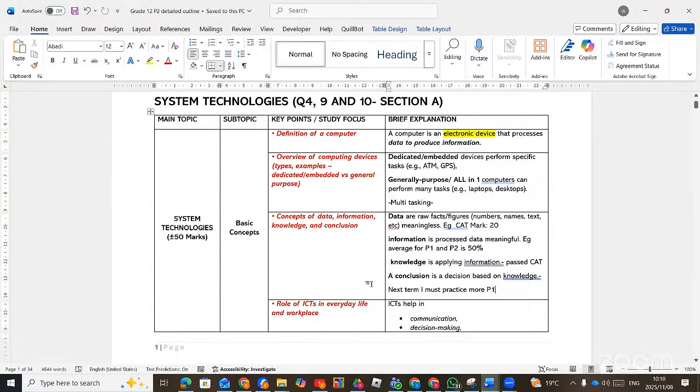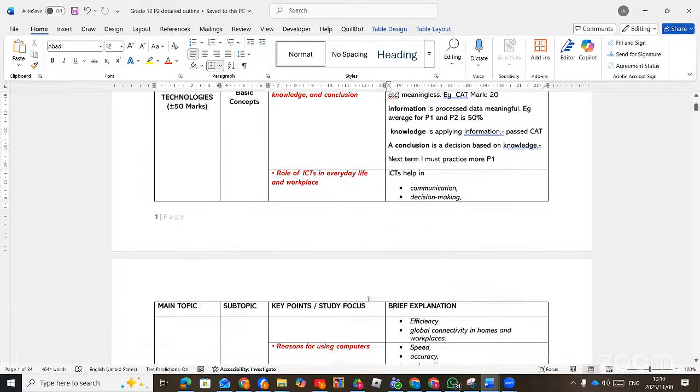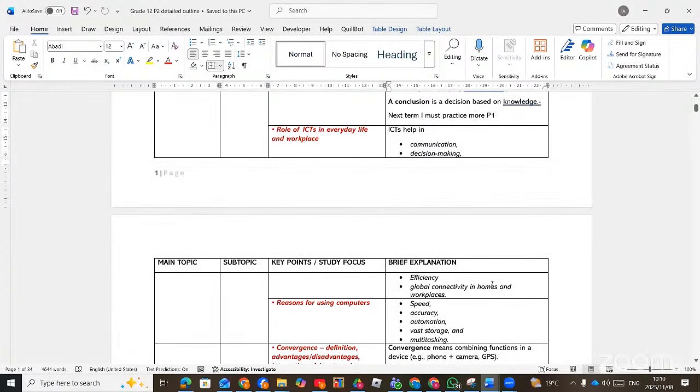Right. Then the role of ICT in our daily life. ICT helps us in so many ways. Communication, like what we are doing now, I'm staying somewhere, teaching you, collaboration, watching videos on YouTube and all sorts of things. Those are the roles ICT plays in our daily life and also in the workplace.